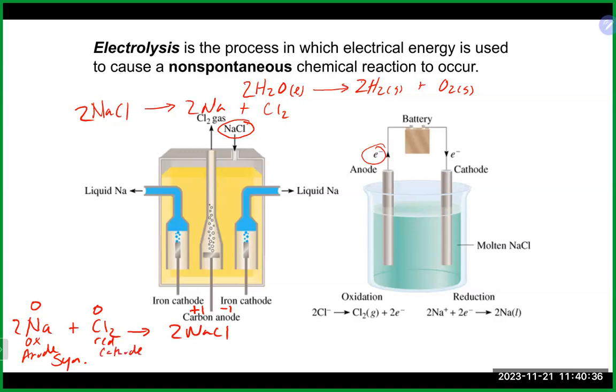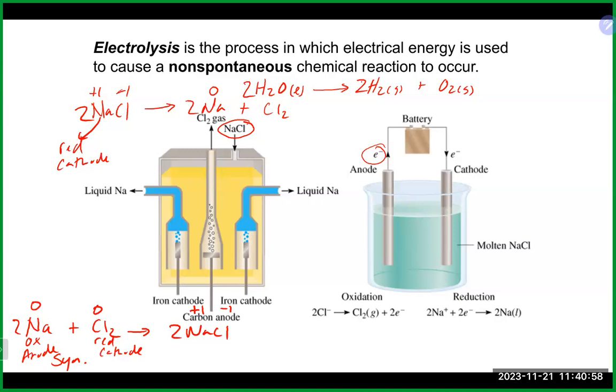But when we're doing the electrolysis reaction, which is basically the reverse reaction, we're going from sodium at +1 to 0, which means the sodium is becoming more negative and is being reduced. That would be our cathode.